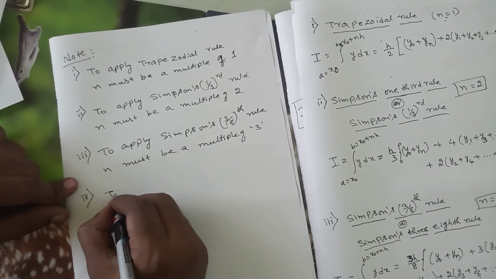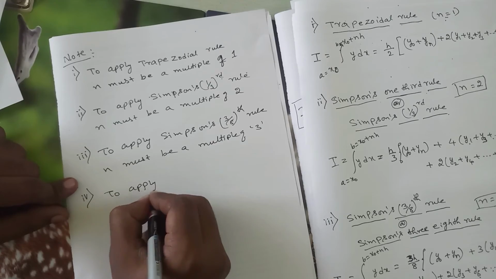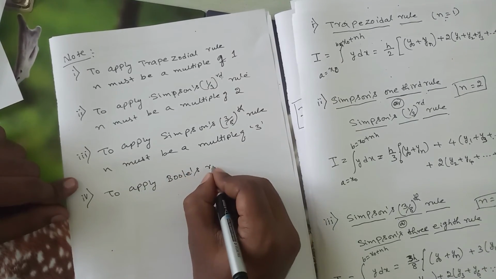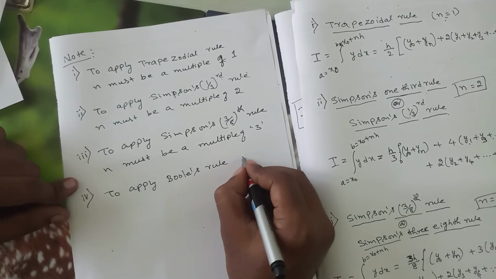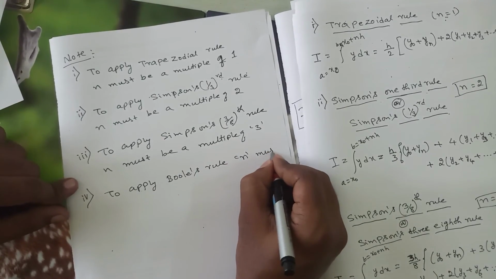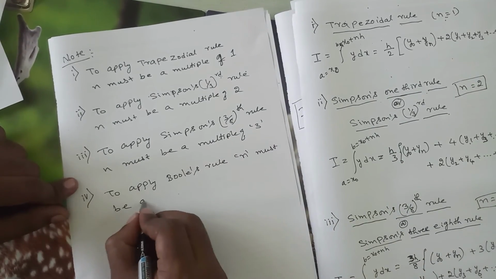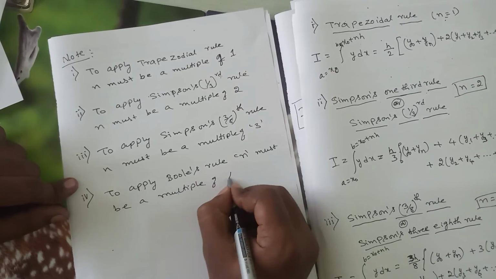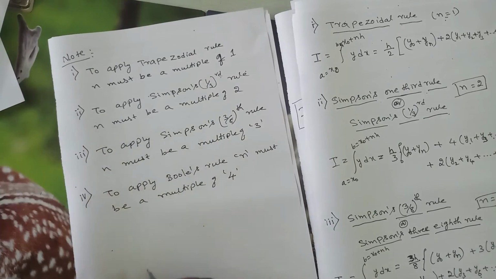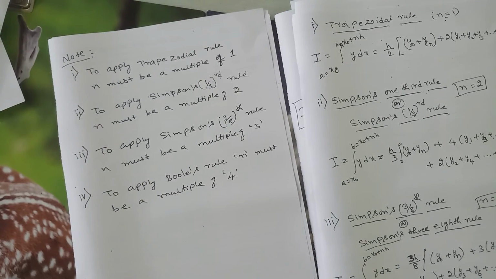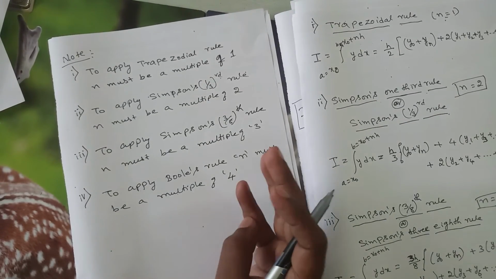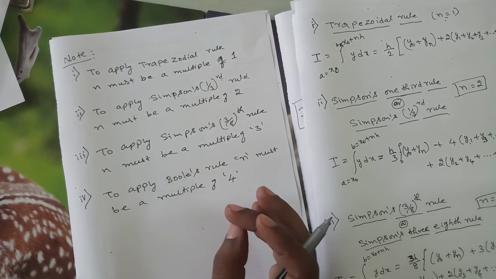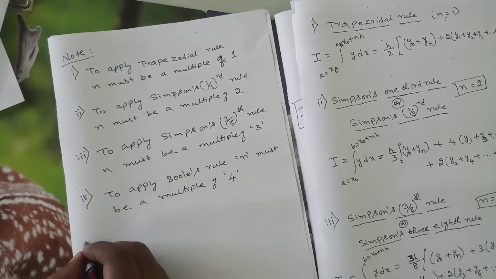And to apply Boole's rule, n must be a multiple of 4. That means 4, 8, 12, 16, 20, 24, 28, 32, like that.